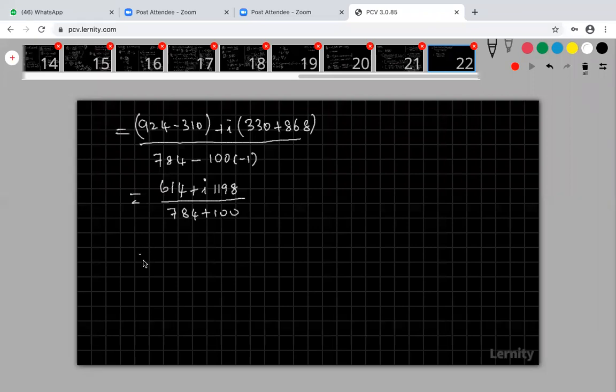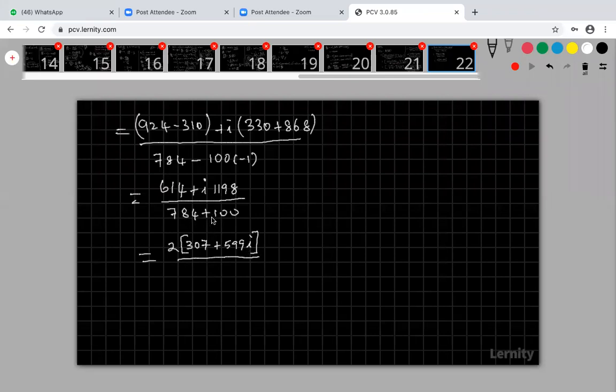So therefore, here you can take 2 commonly. If you take 2 commonly, the answer is 307 plus 599i. Why are we taking 2 outside?